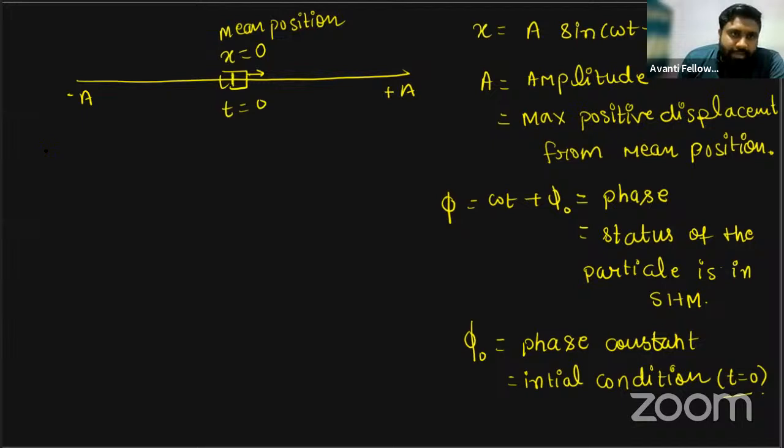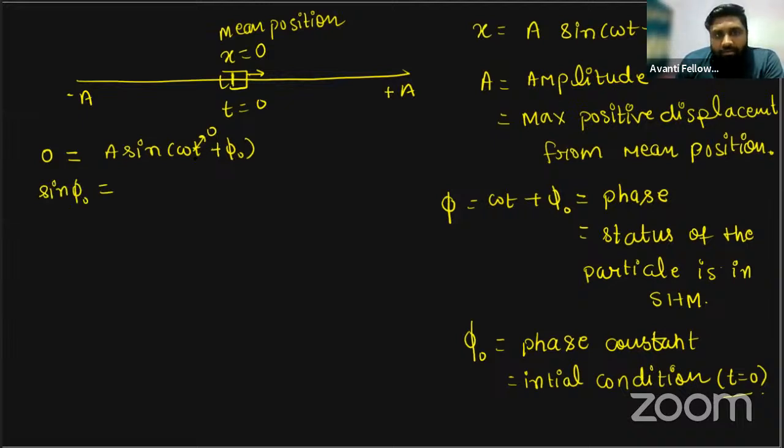So x equals 0, a sin(omega t plus phi naught). At t equals 0 the omega t term will also become 0, so only sin phi naught remains.